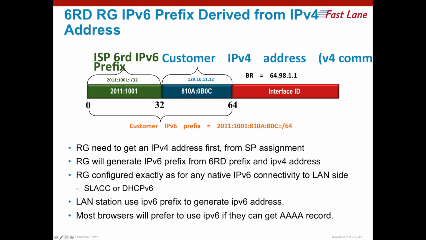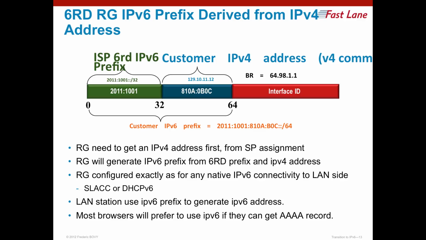After the prefix, which is used by the service provider, you find your customer IPv4 public address, which is going to be used to address a particular customer in the 6RD domain, and then the interface ID.